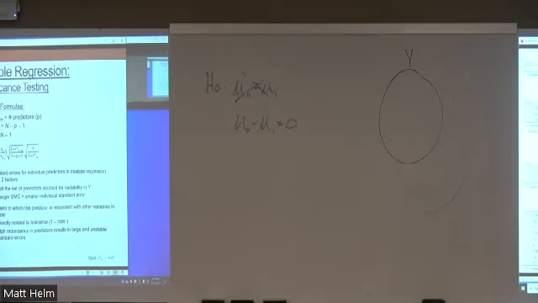Note that in the 2 predictor case, this is your multiple correlation going into that calculation.